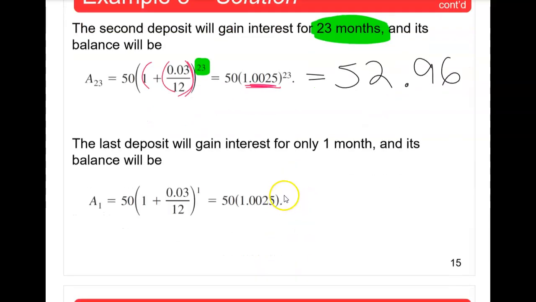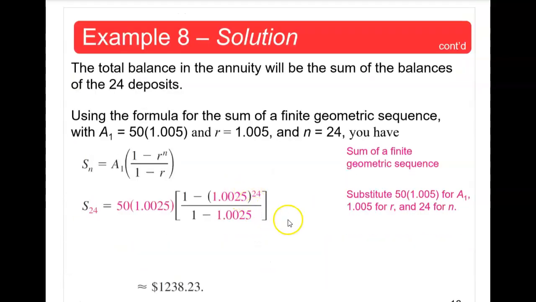So if we calculate the amount of money that the last deposit will gain interest for only 1 month. And the balance will be what we see here. So that will just be 50 times 1.0025, which will be 50.13, rounding to the nearest cent.